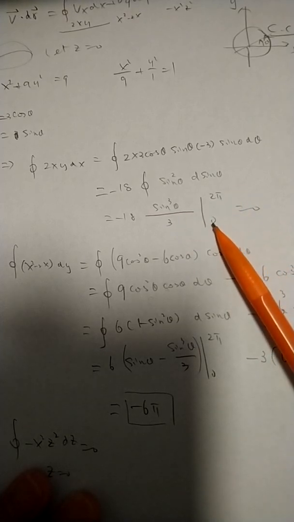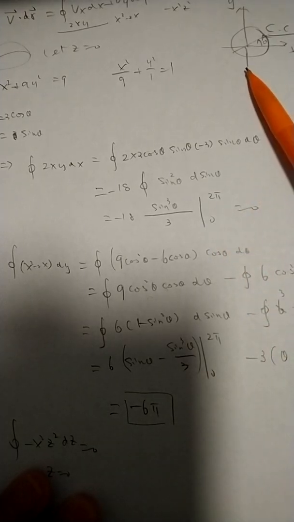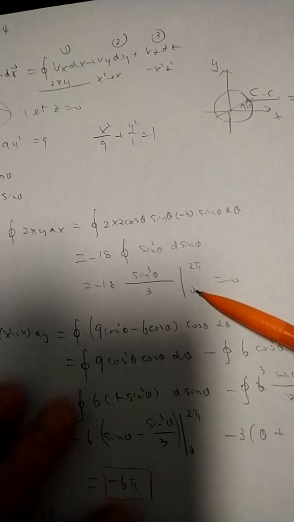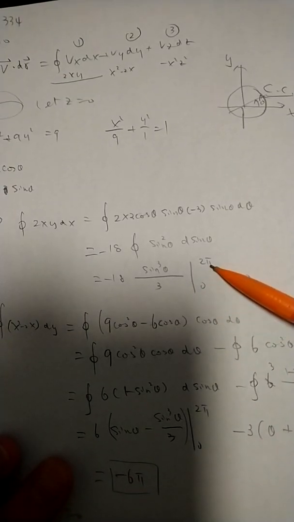The reason I always start from 0 to 2 pi is because it says in the problem it's above the xy plane. I hope you can read this, but it's above the xy plane. If in an exam I say below the xy plane, then you need to reverse these 2 limits. Instead of from 0 to 2 pi, we go from 2 pi to 0.